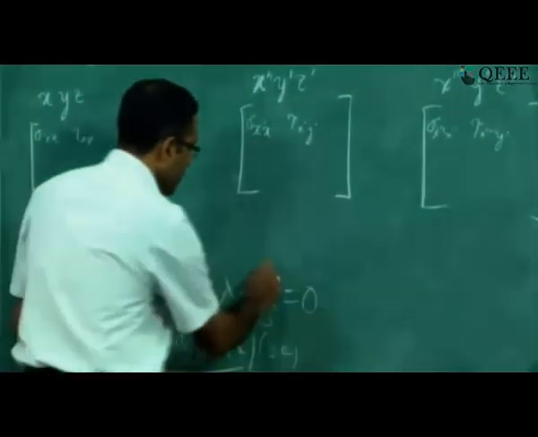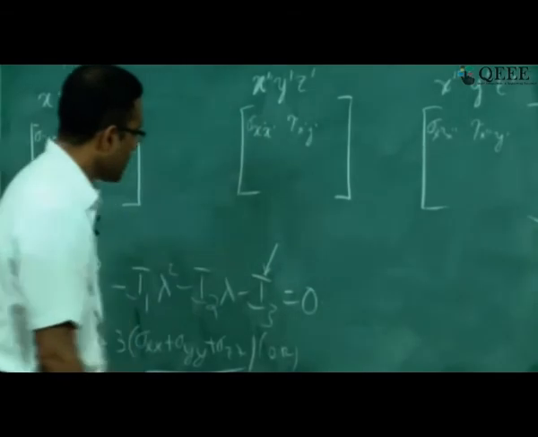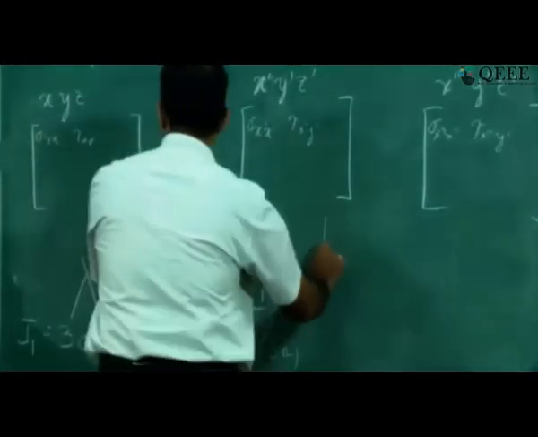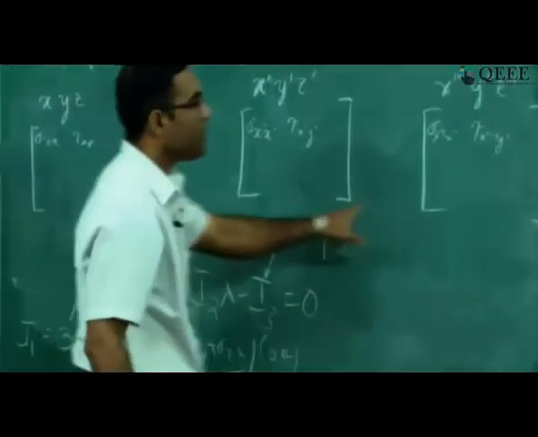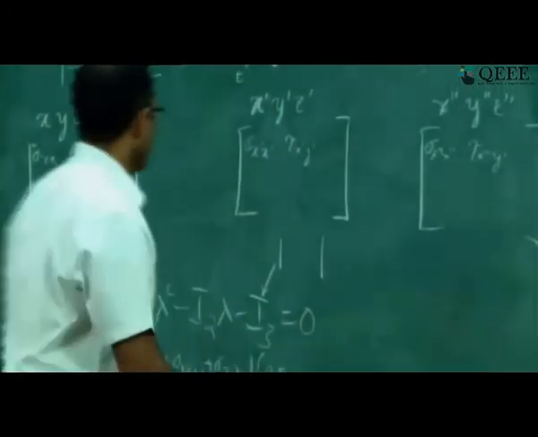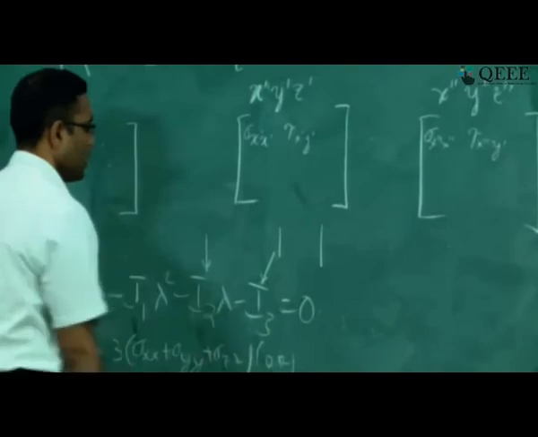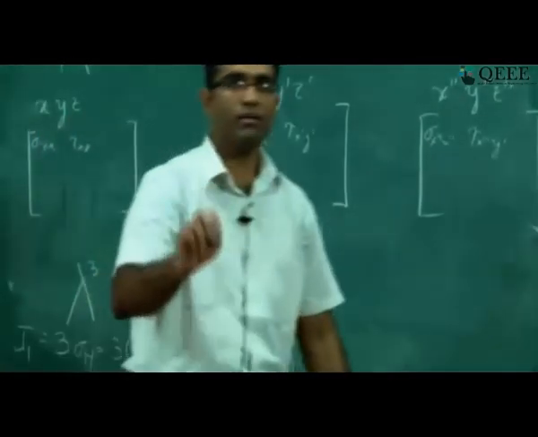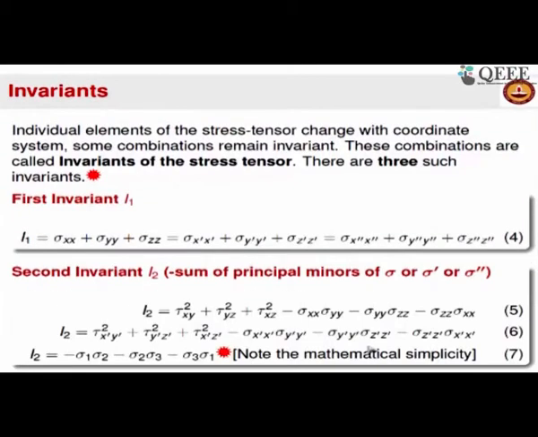The third invariant will be the determinant of the stress tensor. It will also not change when I rotate the coordinate system. The second invariant will be the negative of the sum of the principal minors. Take a look at slide number 8, where I have clearly defined what the sum of the principal minors is.